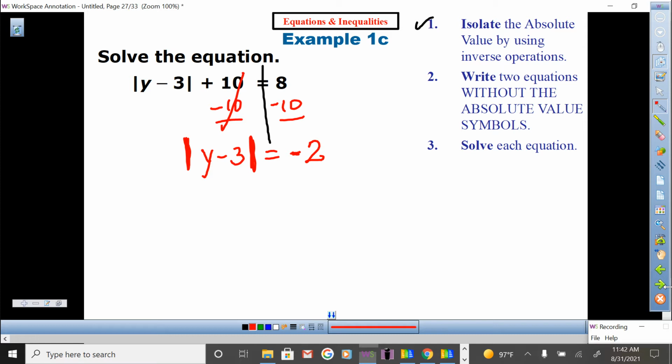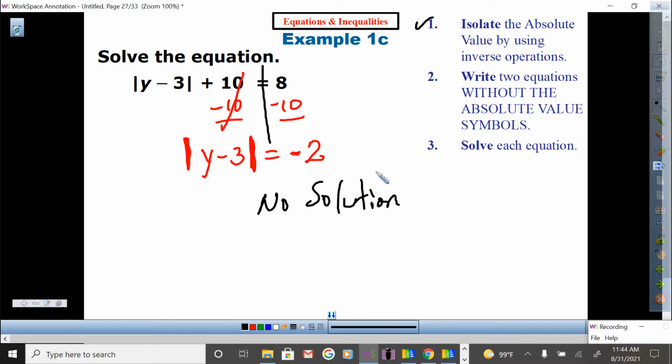Okay, and how do we count those distances? Positive numbers, yes? So could we have a negative absolute value? That's why for these we write no solution. That only works when the absolute value is by itself equal to a negative number.